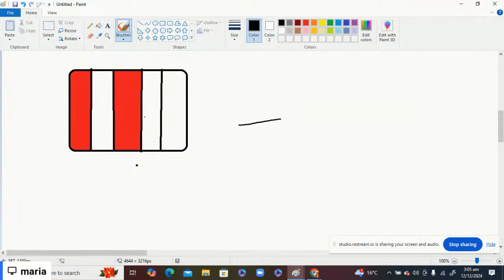There are basically 1, 2, 3, 4, and 5. So we put 5 here. And how many are red? It's 1 and 2. So we put 2 in the numerator. 2 are red, and 5 total in the denominator.